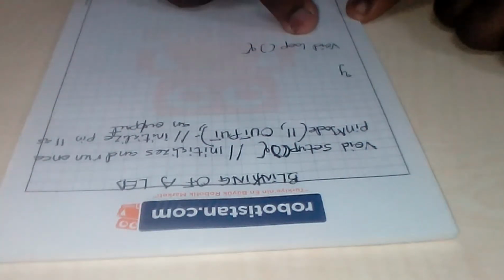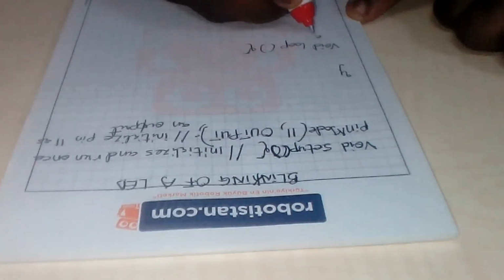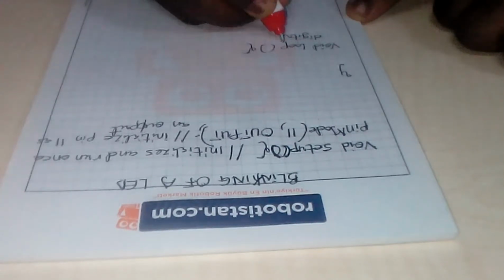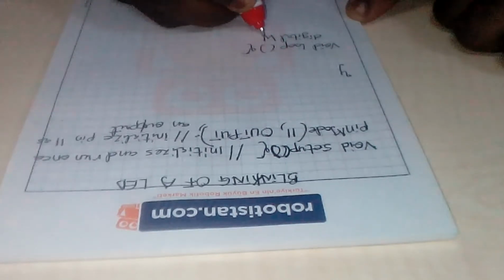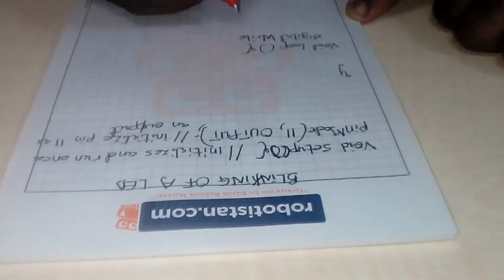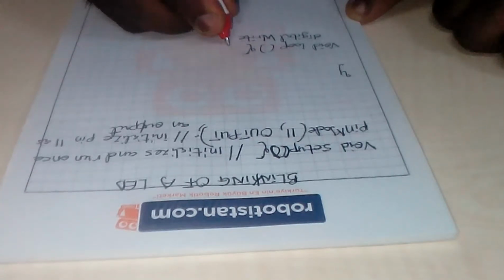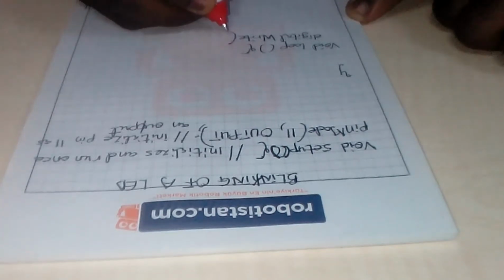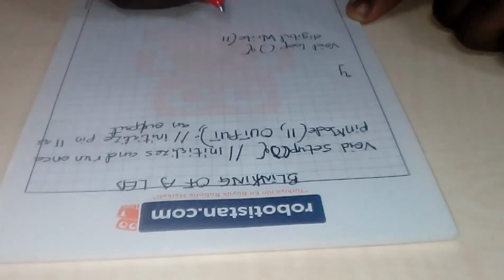Now we have our void loop. When we come to the void loop, because we are using a digital, when we write output, we write digital write. This digital write actually means it should release something. Now, what do we mean by digital write here? Now we have our 11 pin, our LED.